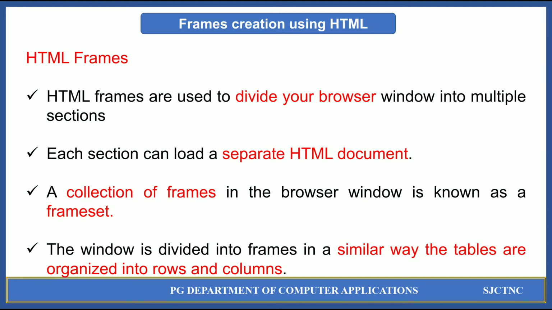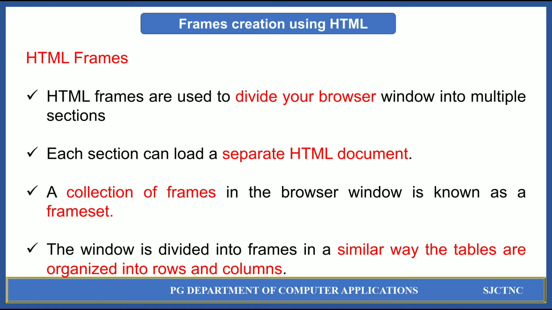First of all, we must know what frames are. A frame is used to divide our browser window into multiple sections. For example, we know how to create a table.